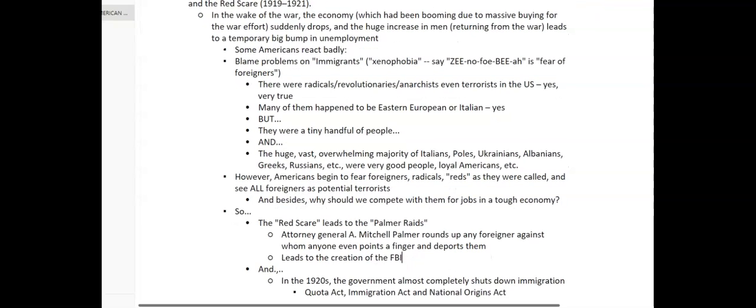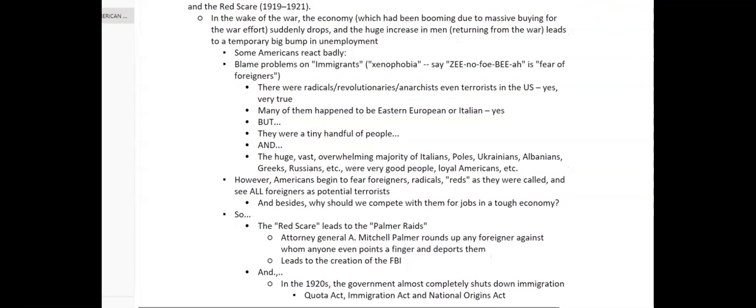The Quota Act, the Immigration Act, the National Origins Act, these are all passed during the early 20s, and in various ways and with various sort of tricks, legal items, it finds ways to make it very difficult to almost impossible to immigrate to the United States, to shut all this down out of fear.